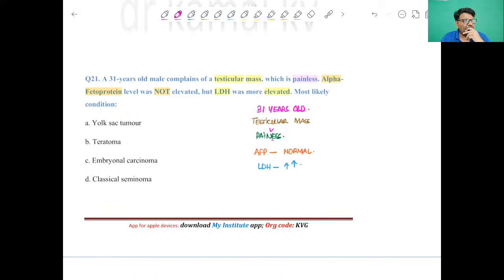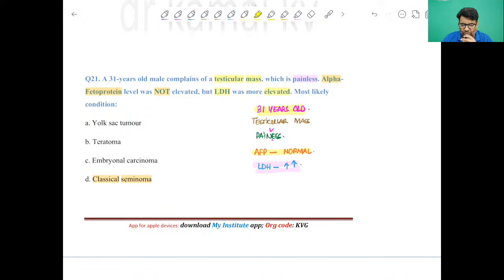Now this is classically suggesting which testicular tumor? Anyone? This point is very important. LDH is high, and a young male. So this goes in favor of classical seminoma.